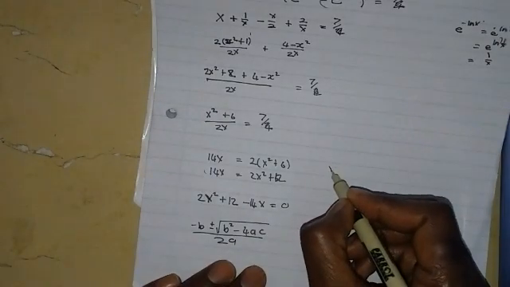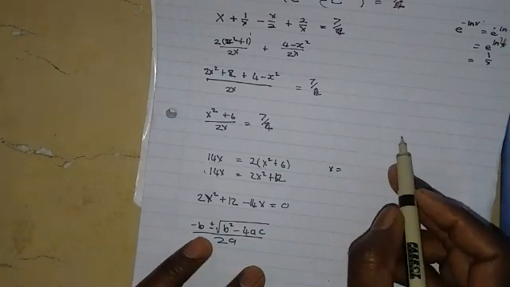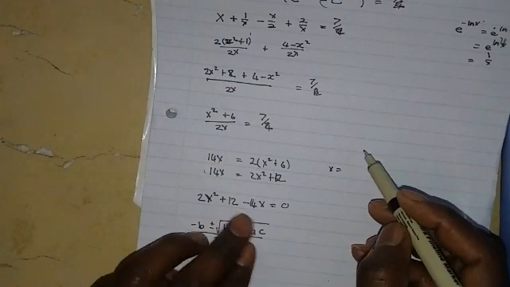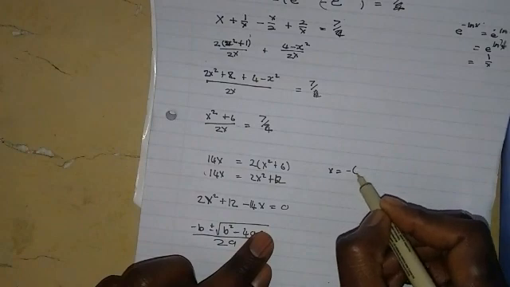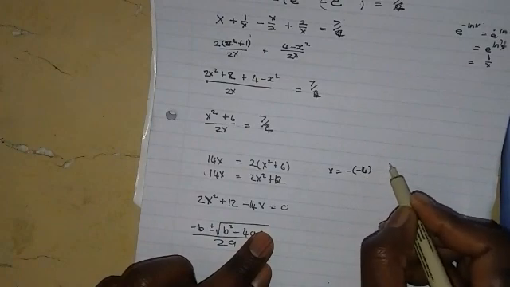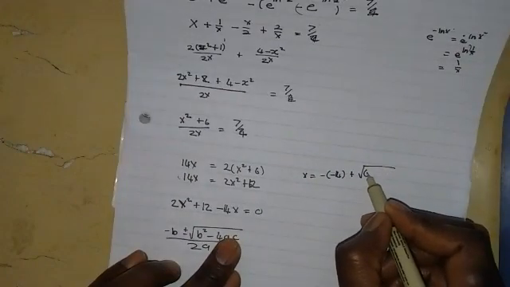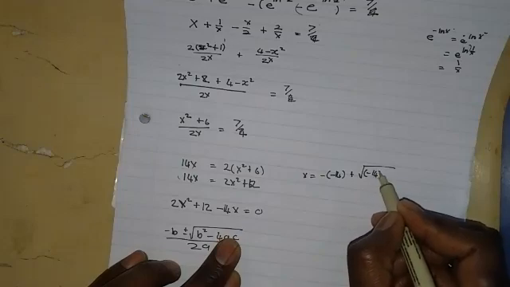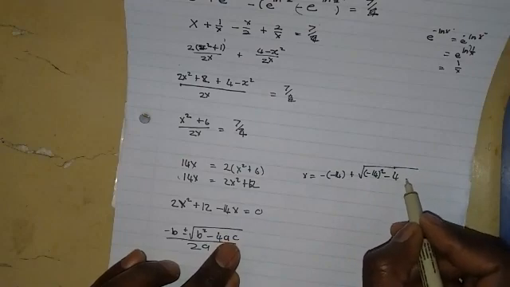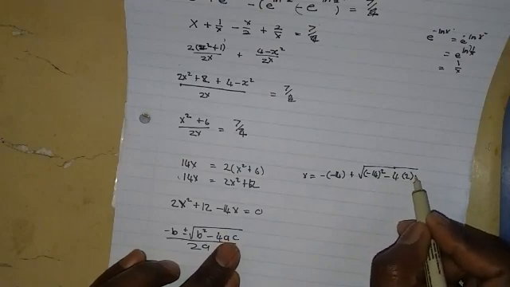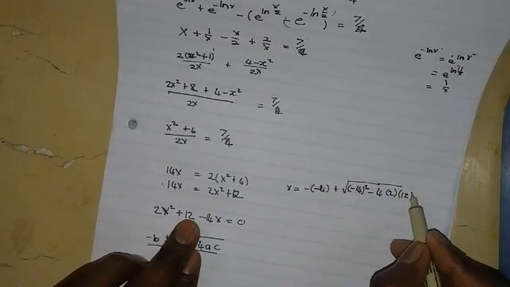So it means that x is equal to what? What is b? b is equal to negative 14. So we put the negative 14 plus or minus the square root of negative 14 squared minus 4 times a, which is 2, times the other one, which is 12, divided by 2a, where a is 2.